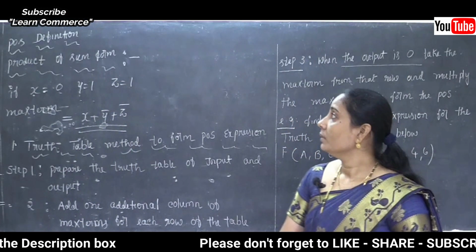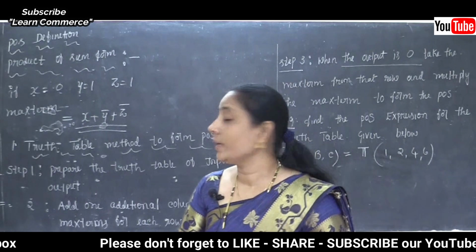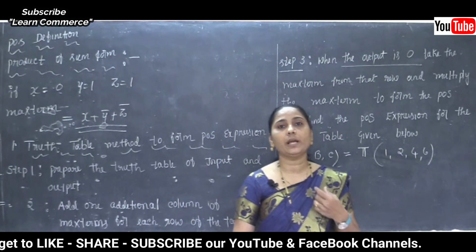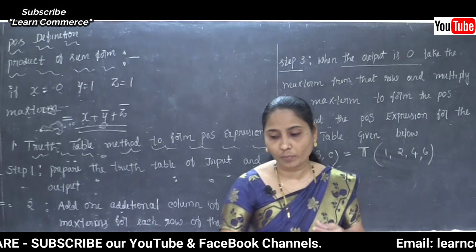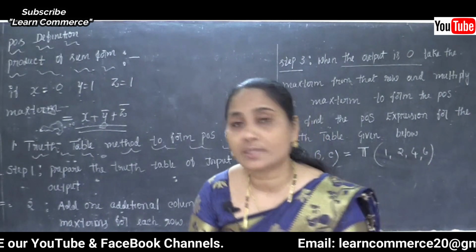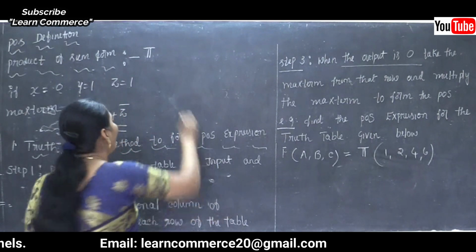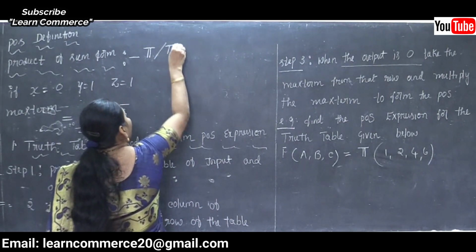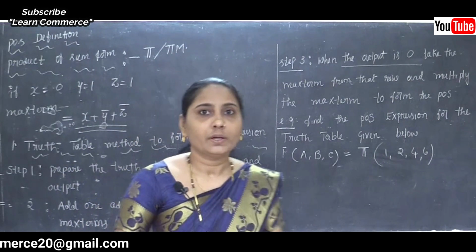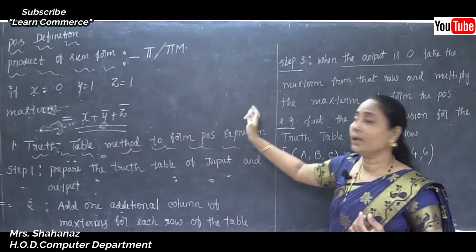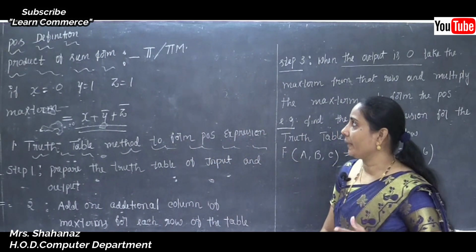Now let's move to the next definition, that is the POS. We know that the POS full form is product of sum form, and for the product of sum form we use the formula pi, or maybe pi capital M. The max term can also be considered with capital M or just pi.